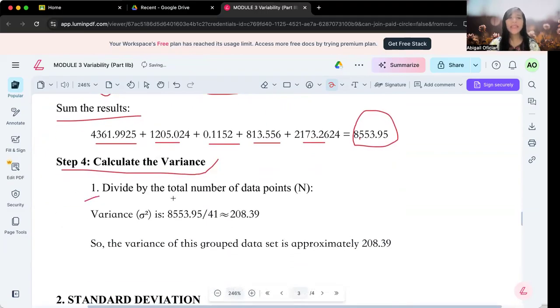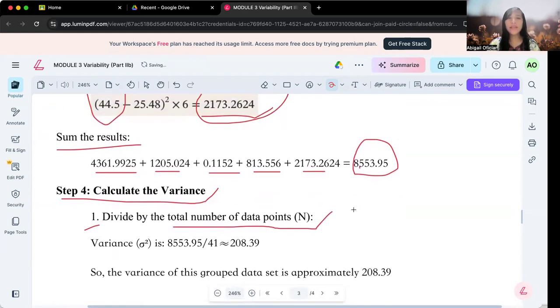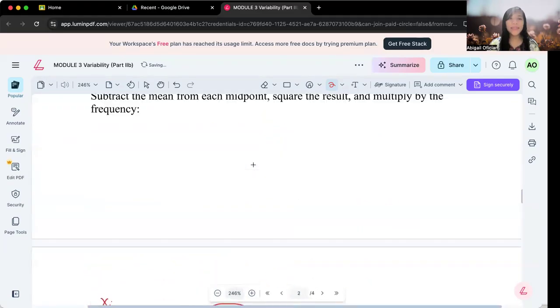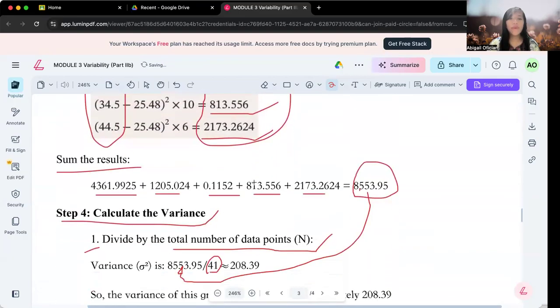First, divide by the total number of data points. We bring down this 8,553.95 divided by our data points, our n. So just divide.